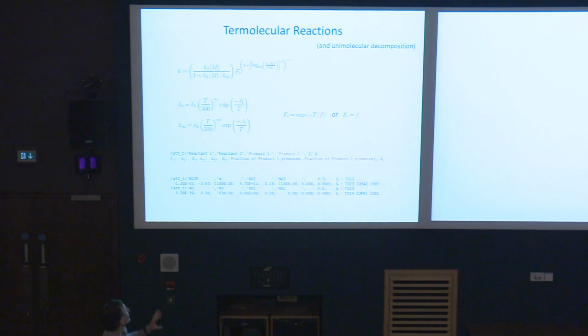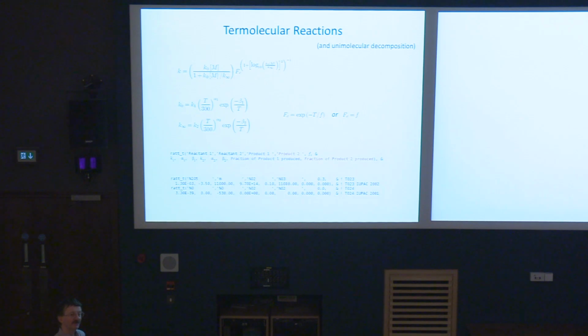It's a little bit more complicated to implement in these models. It depends on the actual pressure, in other words, how many molecules there are in a particular area. Generally, these are parameterized based on high and low pressure limits. What was the situation if you have a particularly low pressure? It's effectively a bimolecular reaction.